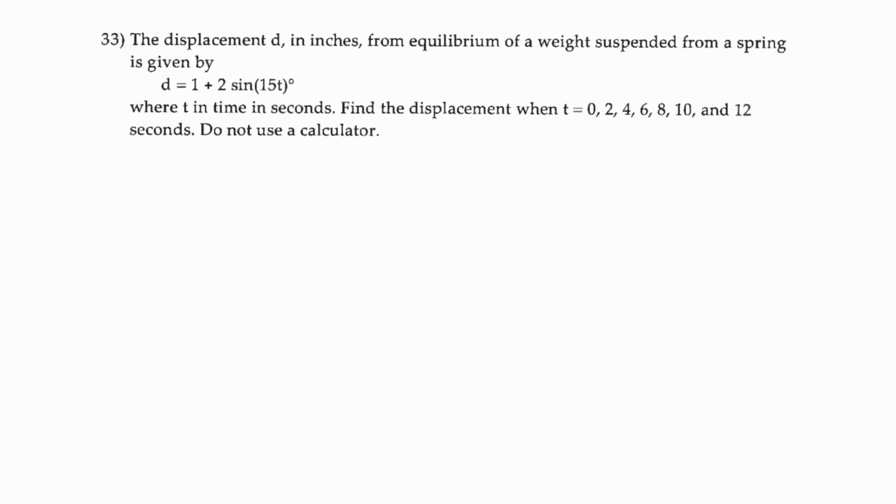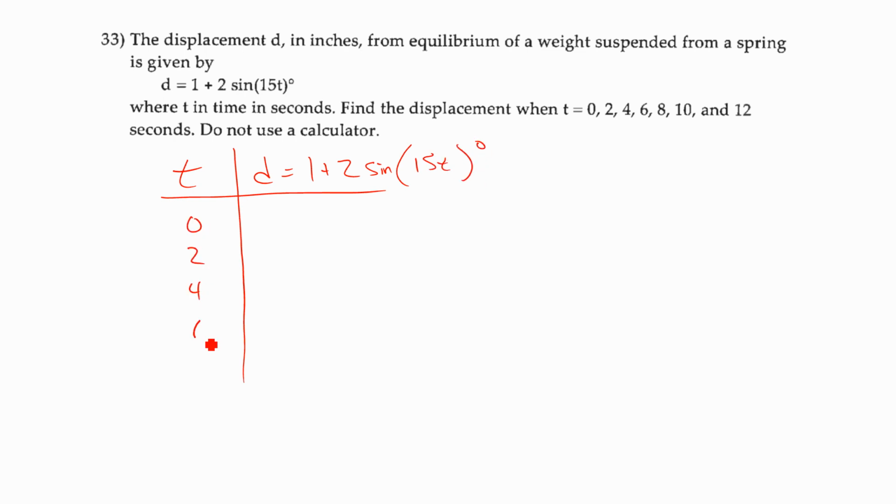Okay, what's the displacement given by this? So on this one, we're going to make a table. We have t, and we have d equals 1 plus 2 sine of 15t degrees. t is 0, 2, 4, 6, 8, 10, and 12.